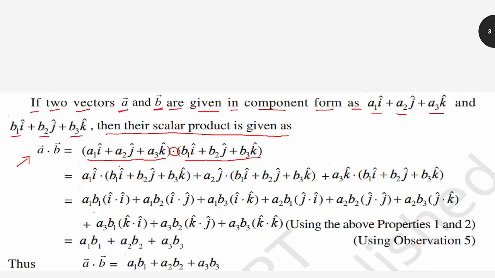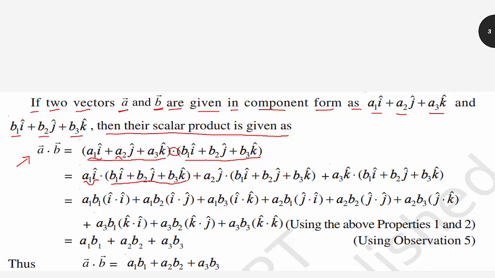See this: a1 i cap plus a2 j cap plus a3 k cap dot with b1 i cap plus b2 j cap plus b3 k cap. What are they going to do? First, they are going to use property 1, that is, scalar distributes over addition. Scalar distributes over addition means they take the first term a1 i cap and give the dot with b1 i cap plus b2 j cap plus b3 k cap, as you do in normal multiplication. Clear?